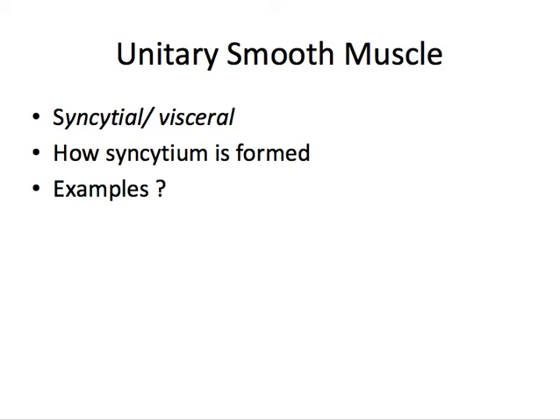The cell membranes in unitary smooth muscle are joined by many gap junctions through which ions can flow freely from one muscle cell to the next.